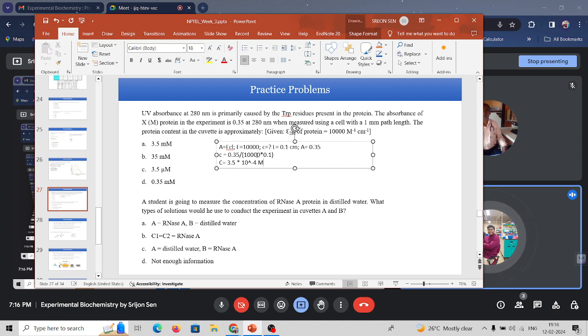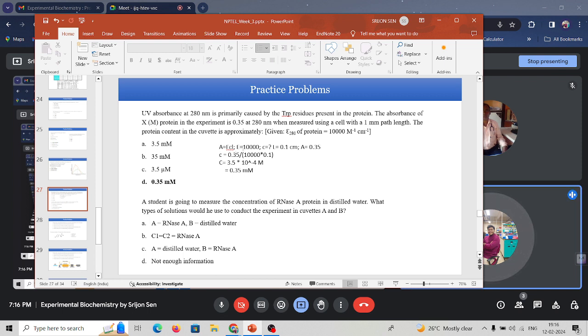Right, so 10 to the power minus 4 molar, that is equal to 0.35 millimolar. So D is the correct option.